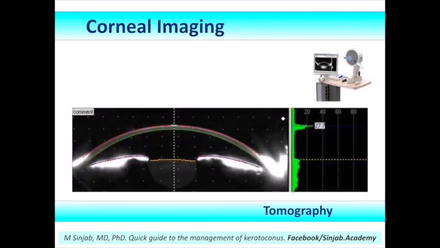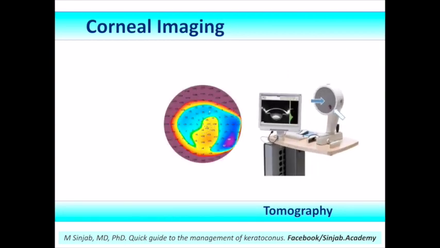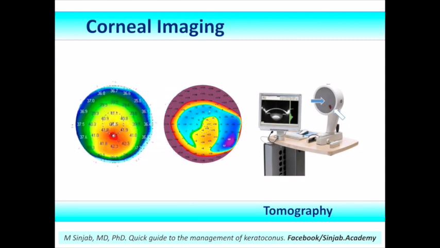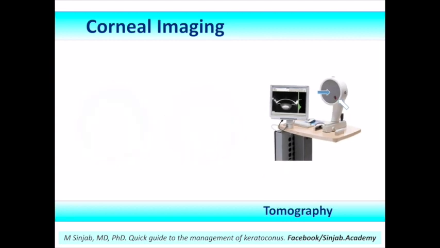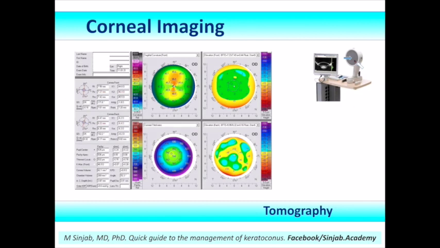Opposite to this, the tomography is based on the Scheimpflug image. In the Scheimpflug image, the elevation map is measured, and from the elevation map, the curvature map is calculated. In addition, by the tomographer, we can obtain a wide range of maps, such as the elevation maps, curvature maps, pachymetry maps, power maps of the cornea, and more others.